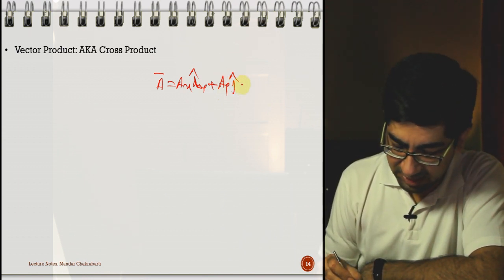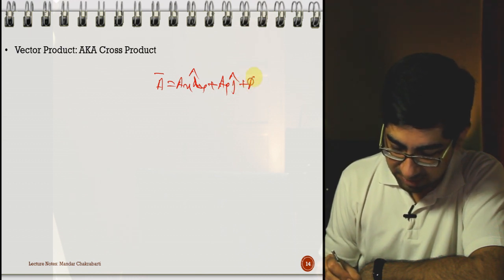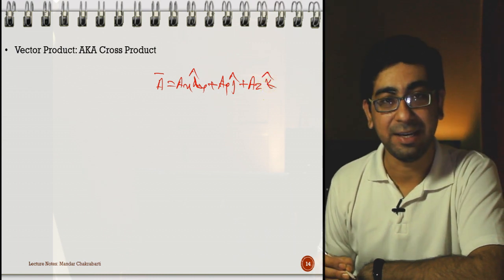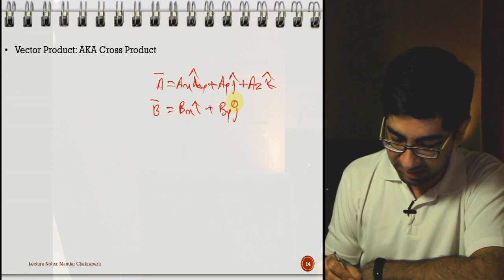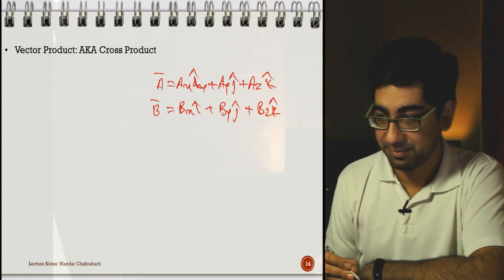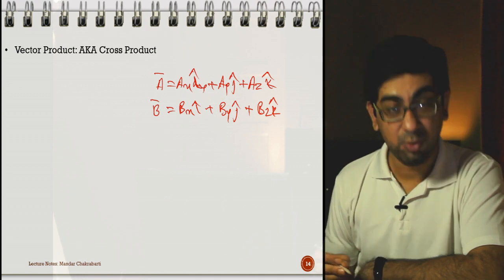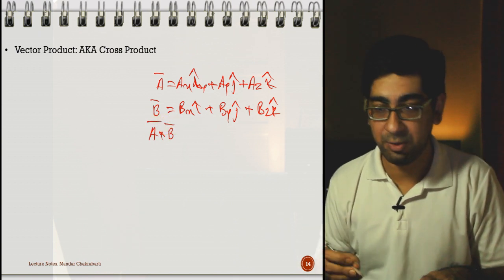So ax i plus ay j plus az k. Okay, and the other vector, B vector, is bx i plus by j plus bz k. Okay, alright.